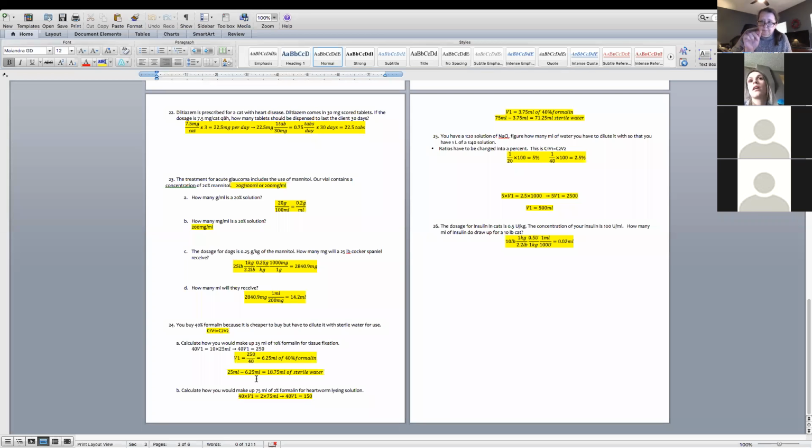The added problem there is that if you want 25 mLs, if you're going to add anything to 25 mLs, you're going to go over 25 mLs. So you always have to take out from the 25 mLs what you're going to add.